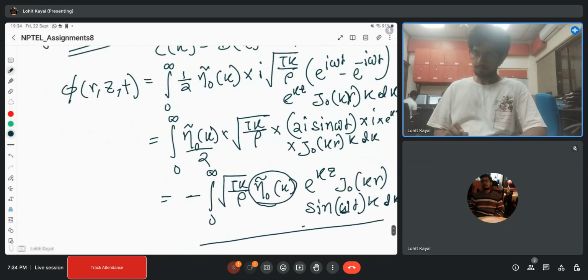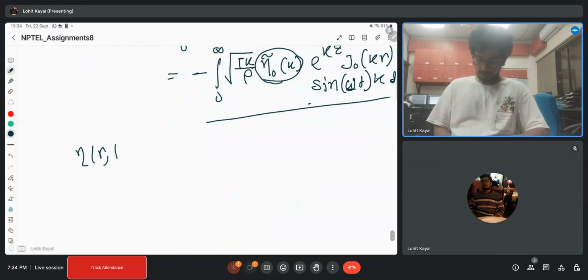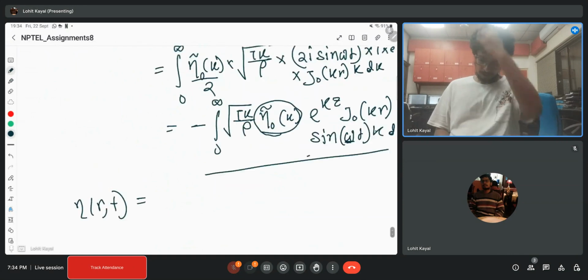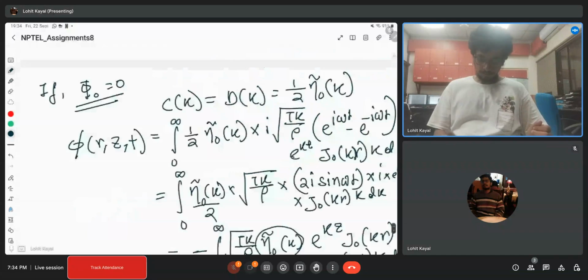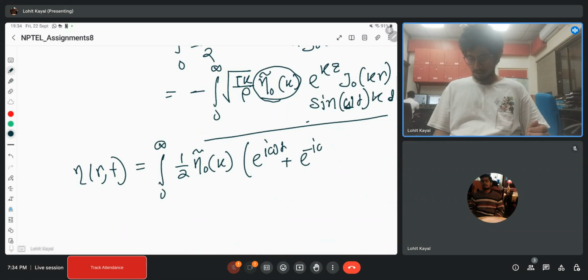So for any kind of system where your eta 0 is specified and phi 0 is 0, you can find the solution, right? Similarly, if you do the calculation for eta(r, t), it is simple. It will be the integral from 0 to infinity of half eta 0 tilde k, e to the power i omega t plus e to the power of minus i omega t, j0 kr k dk.